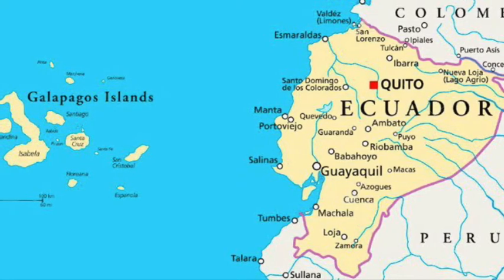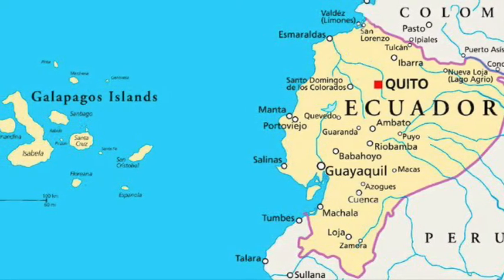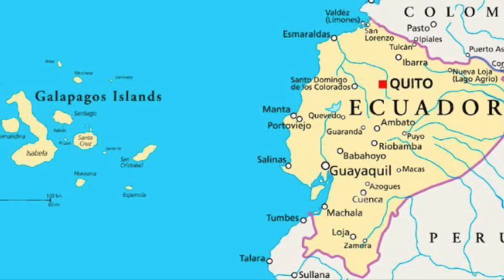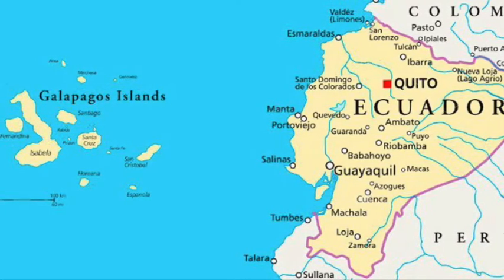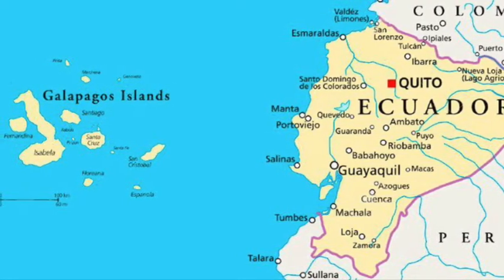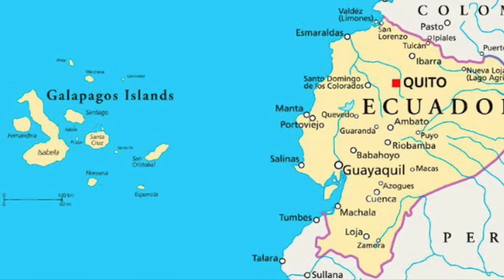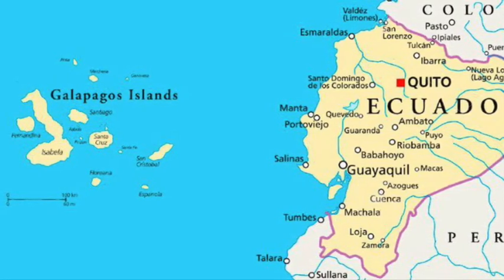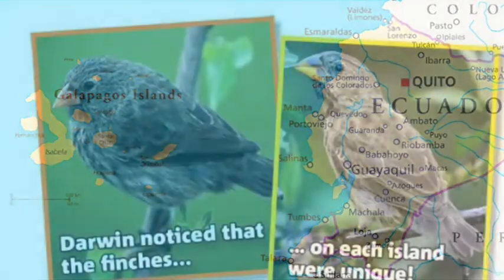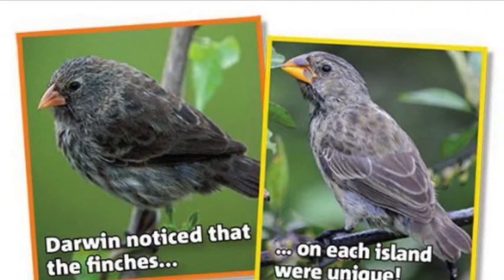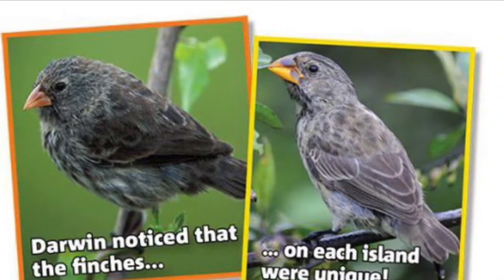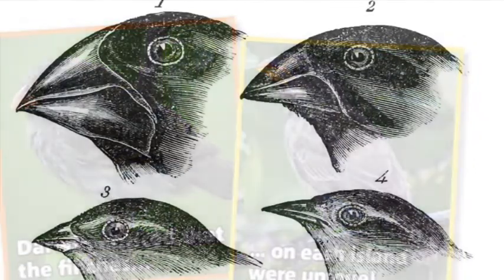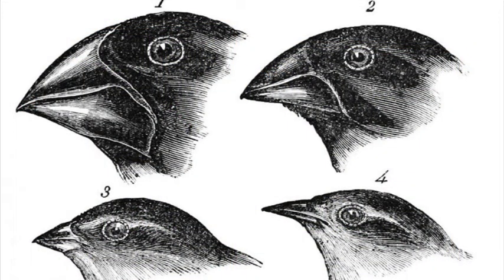And so the finches that he studied on each of the islands had adapted to their specific environment. So he took the time to look at the way that each bird had developed a specific beak to be able to find food, no matter if it was seeds or insects, based on where they were living.